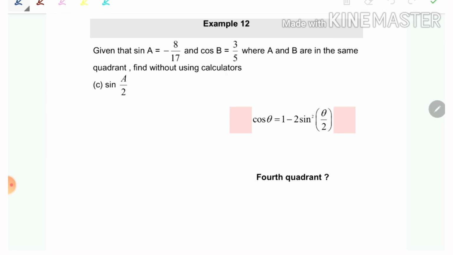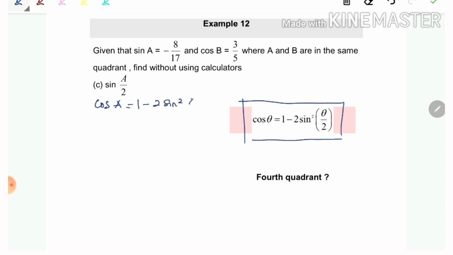Without using a calculator, find sine A over 2. To solve this question, we need to choose this half angle formula. Let's manipulate this formula. We have cos A equals 1 minus 2 sine squared A over 2.